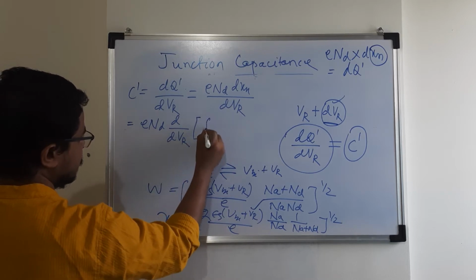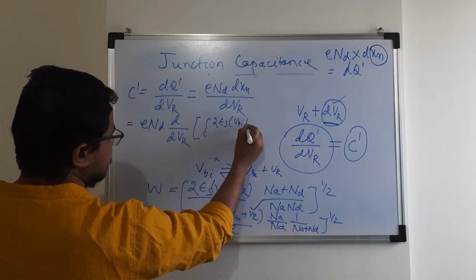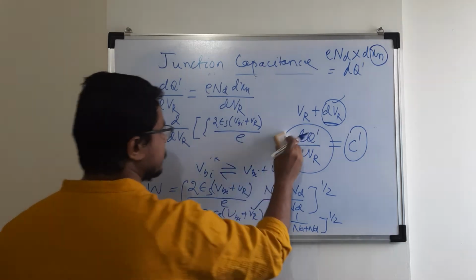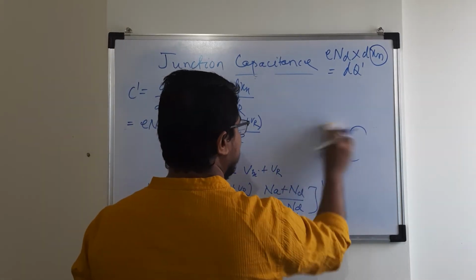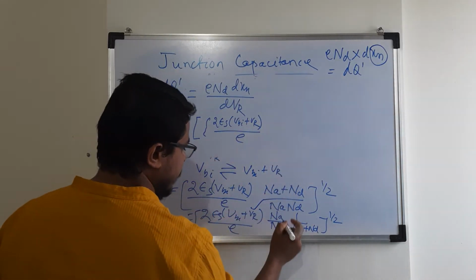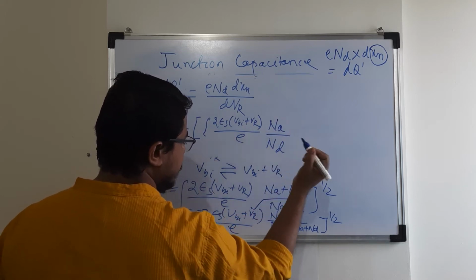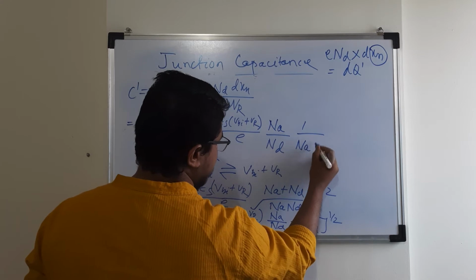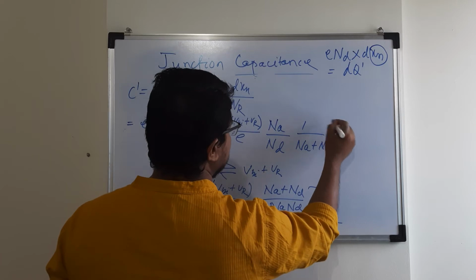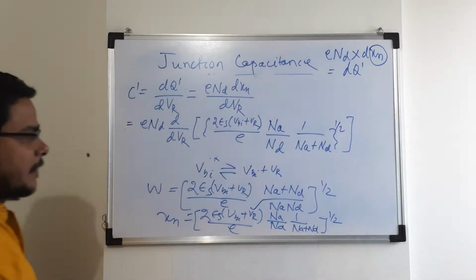Here we have 2 epsilon s (Vbi plus VR) divided by e, then Na by Nd, then 1 by (Na plus Nd), all to the power 1 by 2, and then the derivative of the whole thing.